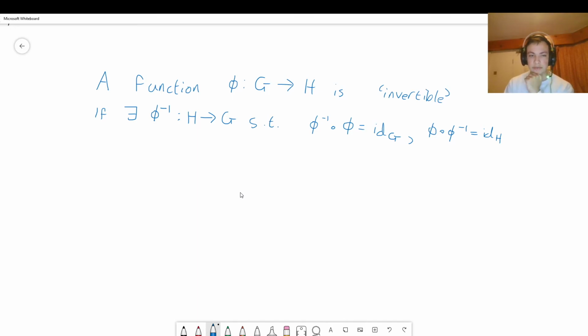And so we have that phi inverse exists if and only if phi is a bijection.